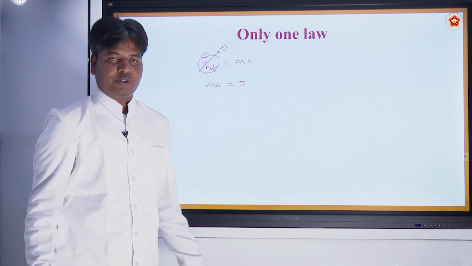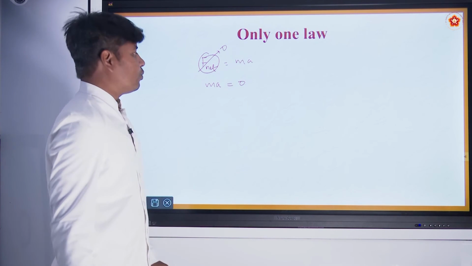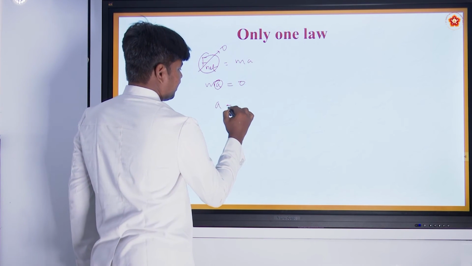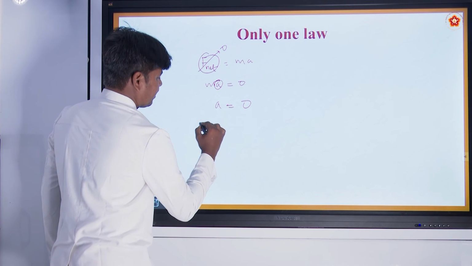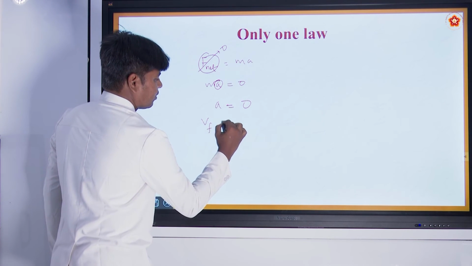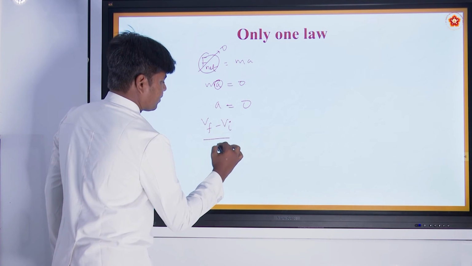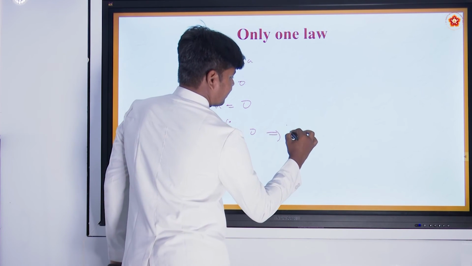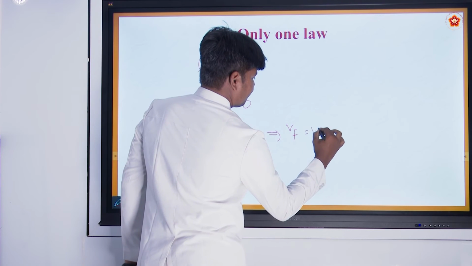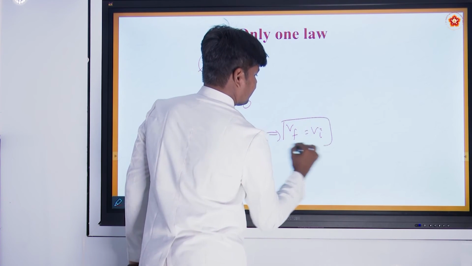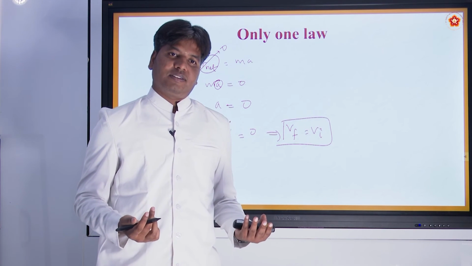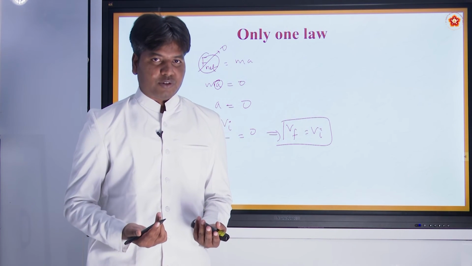It will have some magnitude. What can be 0? Acceleration can be 0, right? If acceleration is 0, then velocity final minus velocity initial by t is equal to 0, which implies that v final is equal to v initial. That means the object is traveling with uniform velocity. That is what the first law is saying.